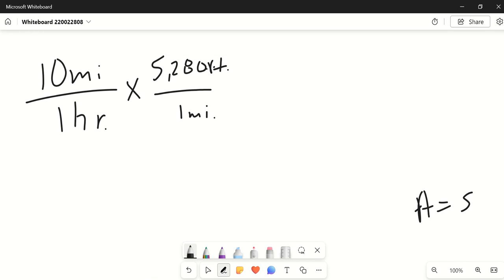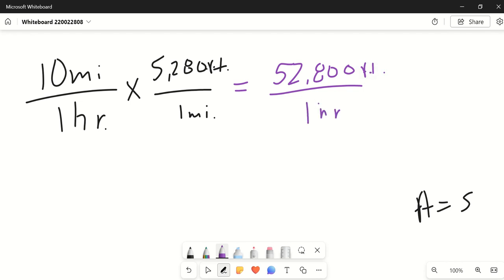So my first step is to multiply straight across, because this is going to tell me that this team is running 52,800 feet per hour. That's my first step, because again, these will go away, the feet will stay, and the hour will stay. So this team is running 52,800 feet per hour.